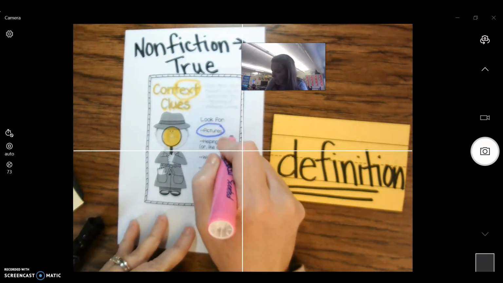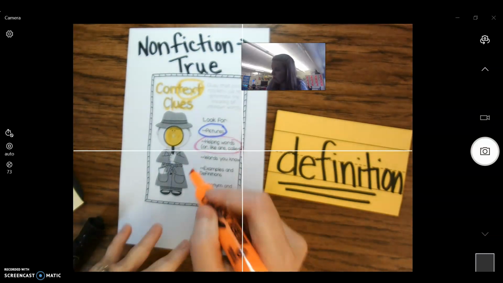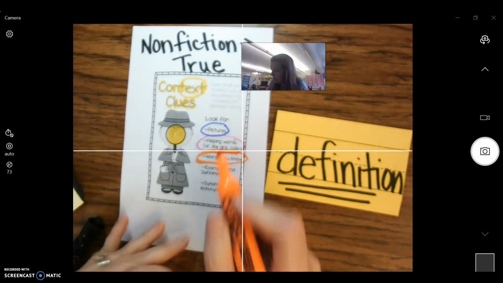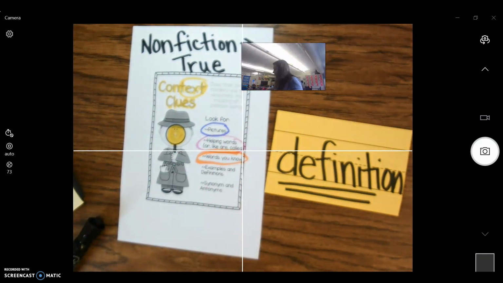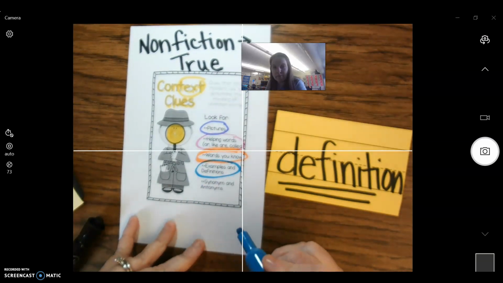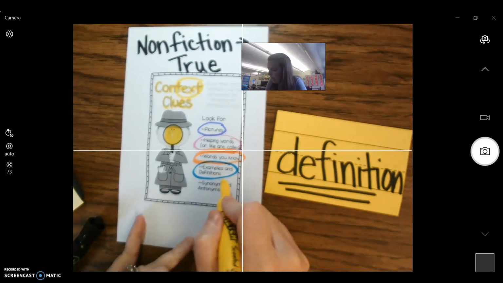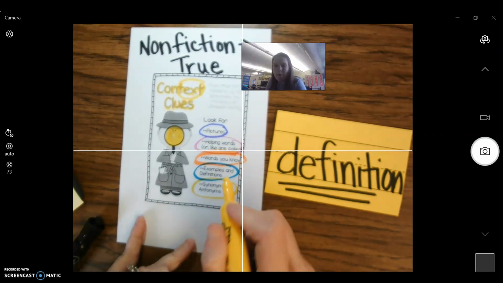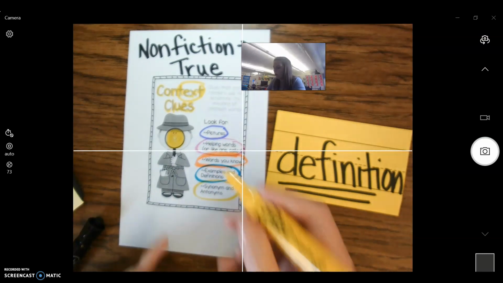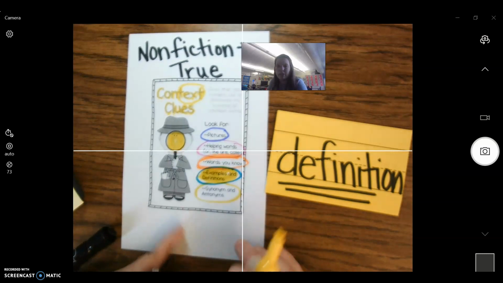Sometimes it might be helping words. Sometimes it might be words that you already know. Sometimes it might be definitions, and of course, it could be words that mean the same or the opposite. Today we are going to talk about examples and definitions.